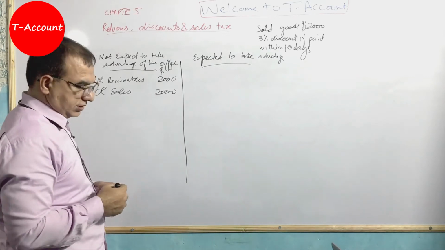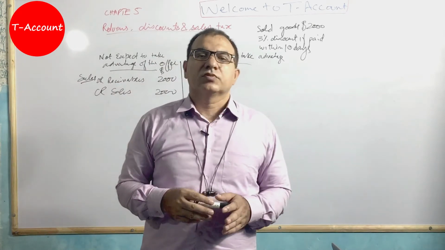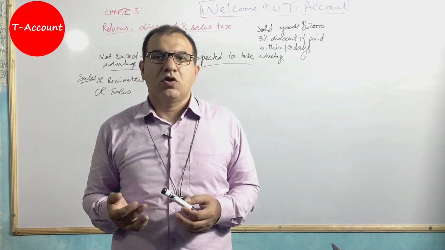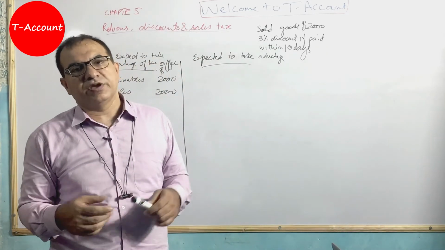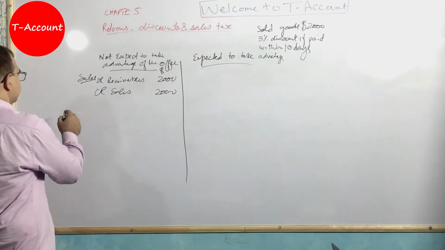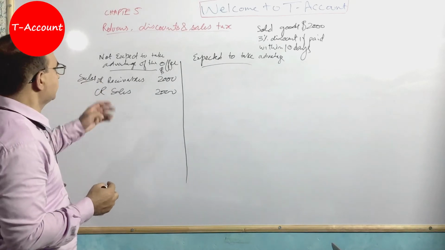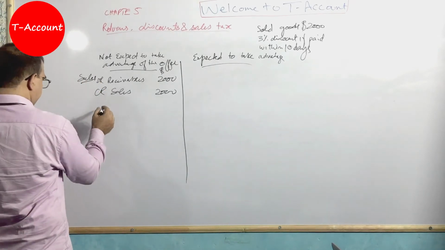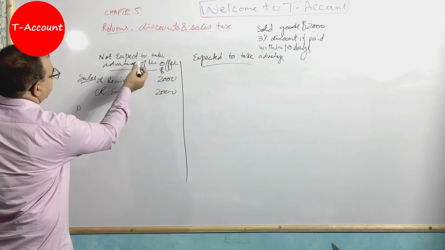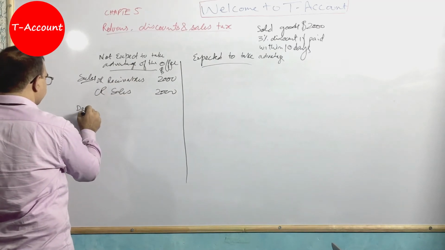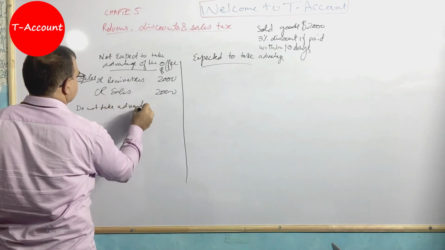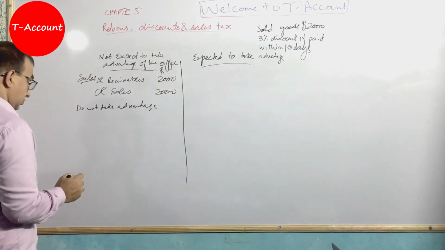Now once you have booked this at full value, there are two possibilities. Either they can come and pay early, or they will come after 10 days and pay the full amount. Now if they come, let's say on the 30th, after losing this opportunity, so if they do not take advantage, as per our expectation, what are the entries?